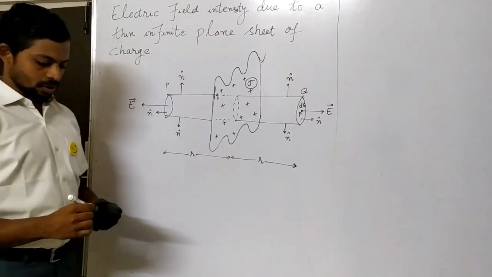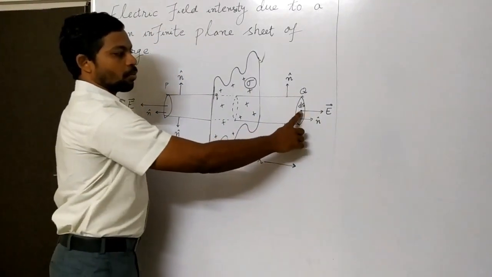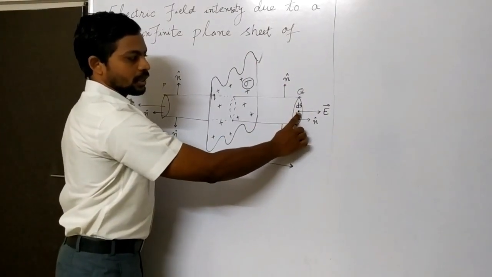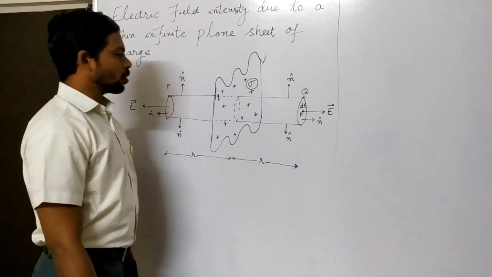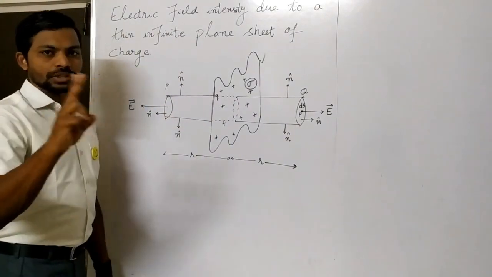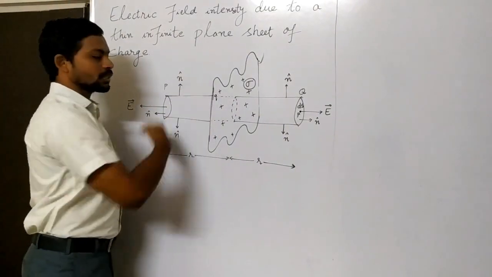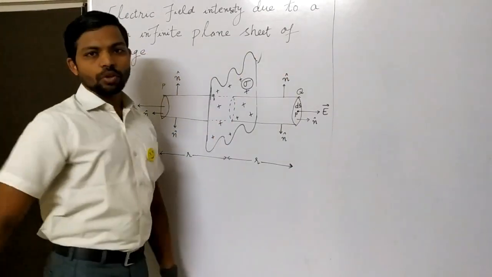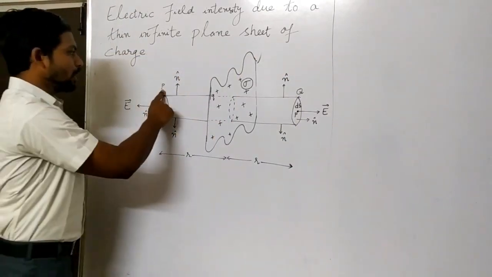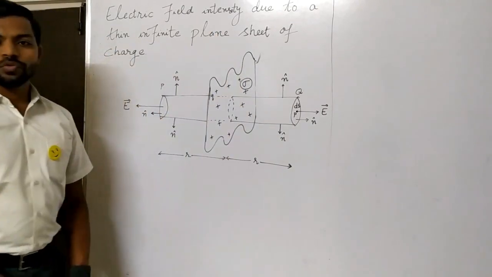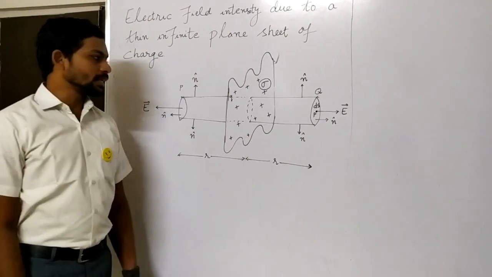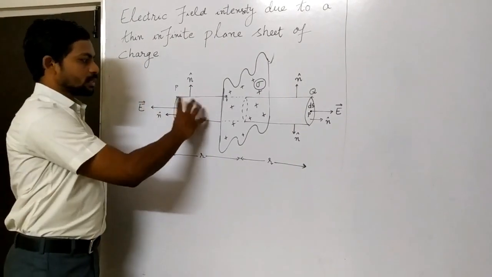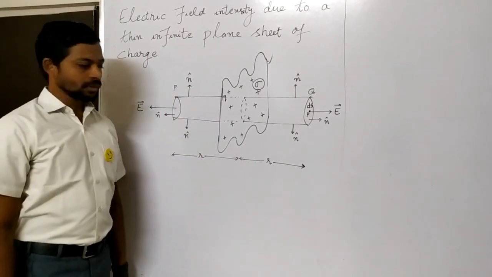Let us say this is a point P, and exactly the end of the cylinder is passing through this point P. So this cylinder has 2 surfaces: one is the curved surface, the other part is the 2 ends or the edges of the cylinder, that is P and Q. First we will try to understand how much flux is coming out of this closed cylinder.